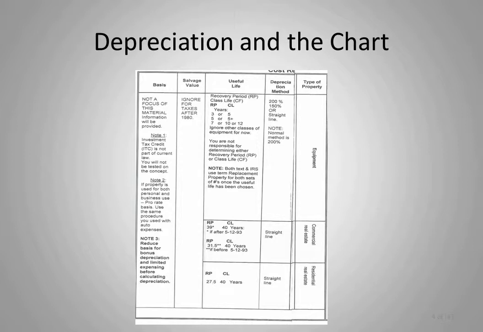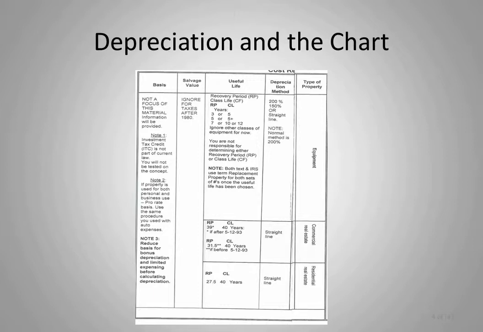And then the workhorse category is the 7-year recovery period. I would guess that maybe 90+% of all equipment falls into that category. And the note says that you don't have to figure that out. I will always tell you what the recovery period is. If you need the class life, I will tell you that too.